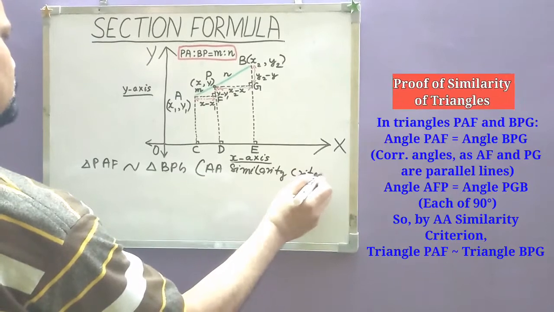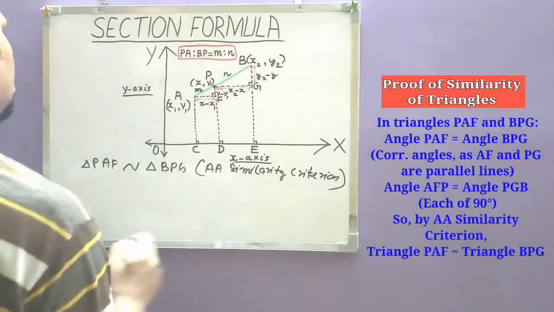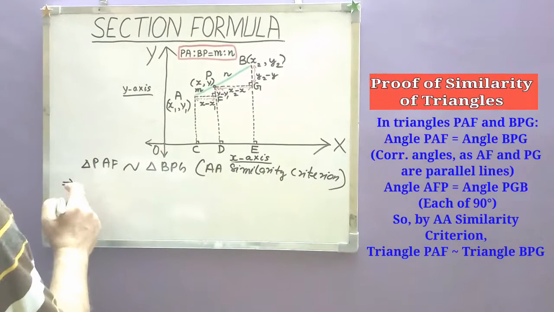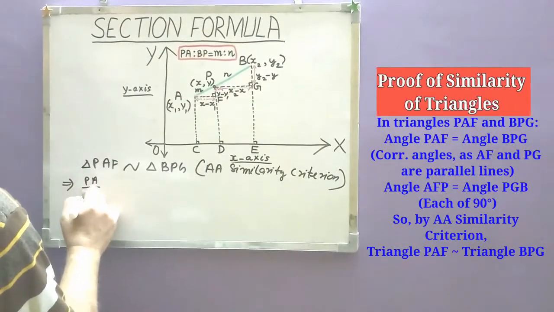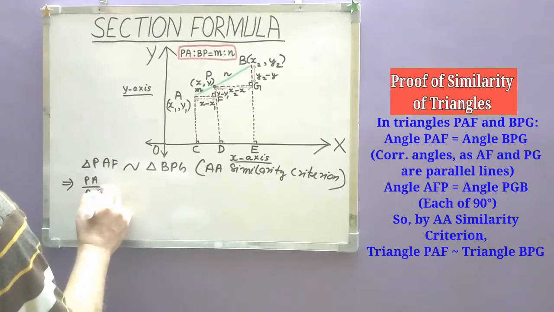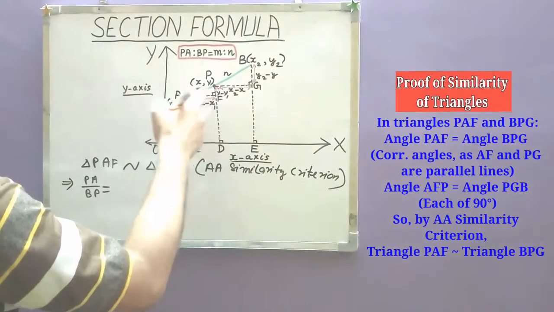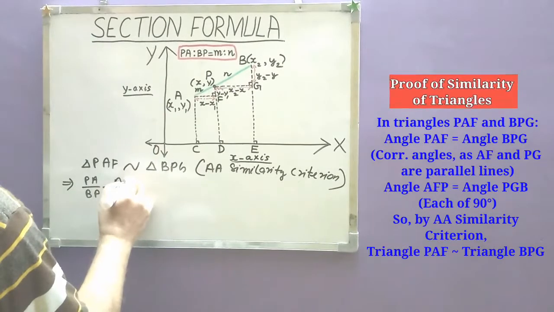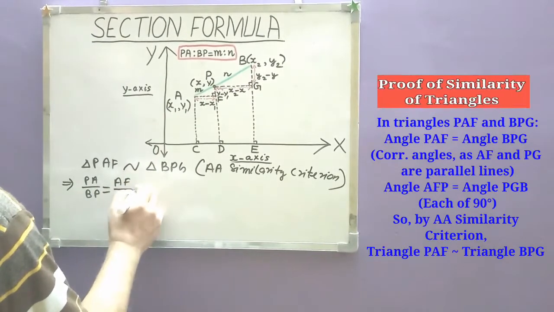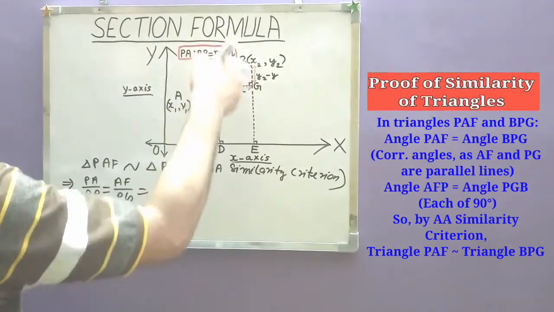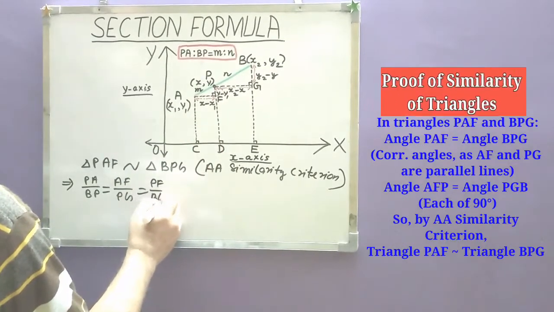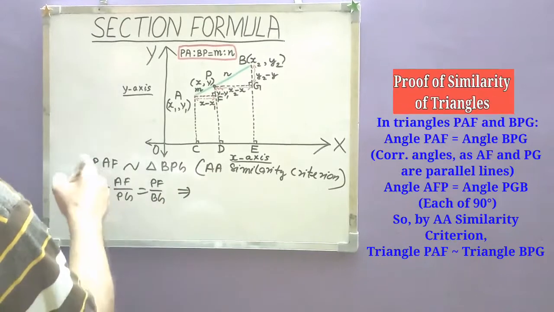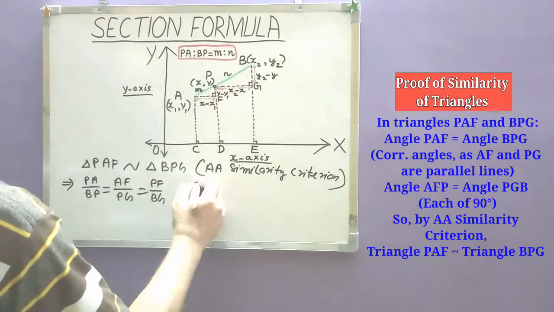we have PA by BP equal to AF by PG, that equal to PF by BG, implies that m upon n equal to AF upon PG, that equal to PF upon BG.